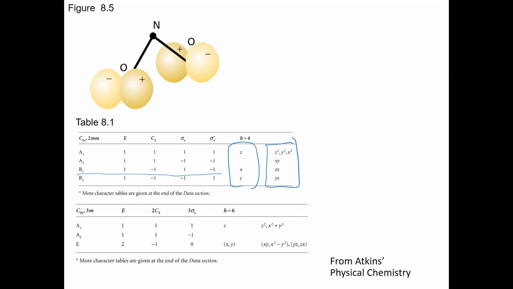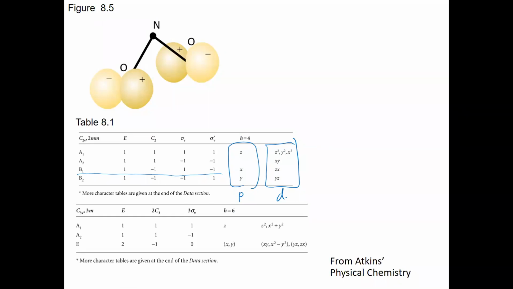In the index chart, there are some x, y, and z, and xy, yz, zx, or something like that. This is an indication of the p orbital and d orbital cases.